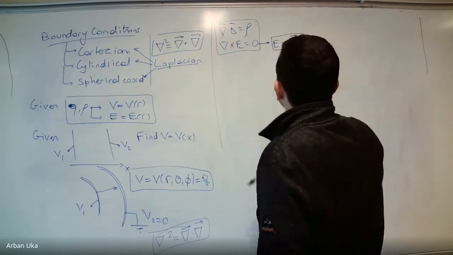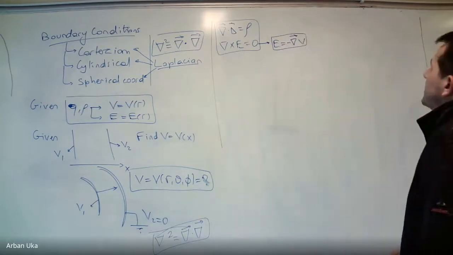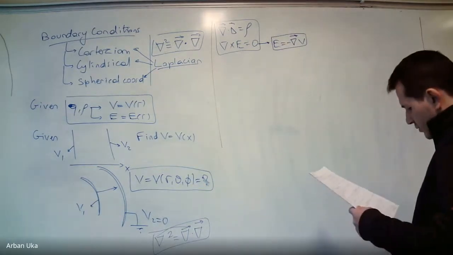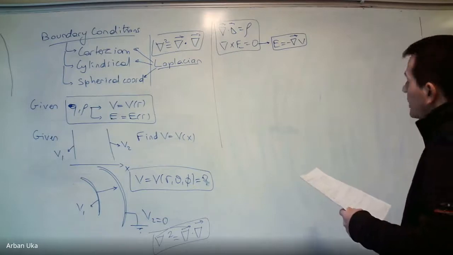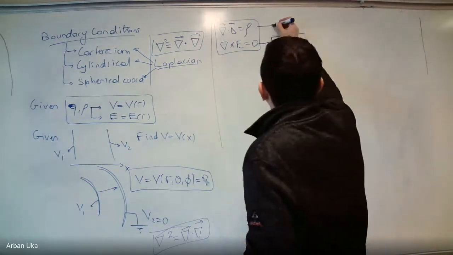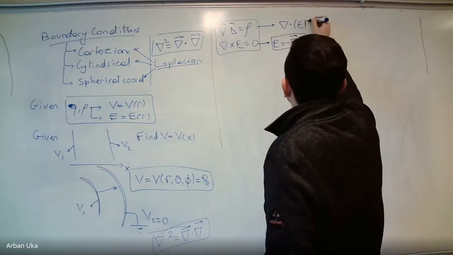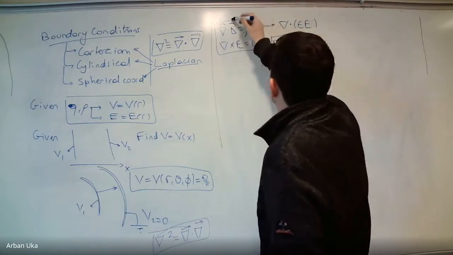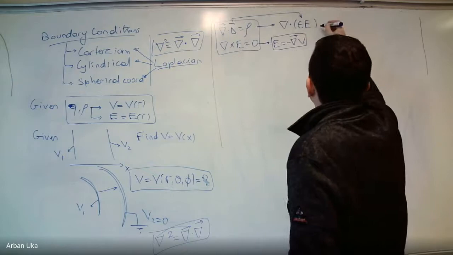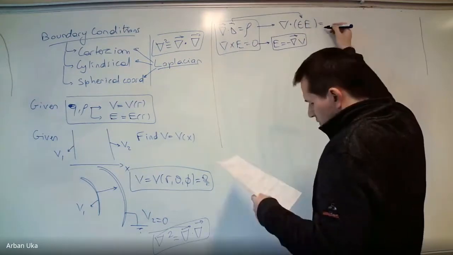So we know this, and then in this expression here, we can say that the divergence of permittivity times E, so this is D, right, is equal to rho.